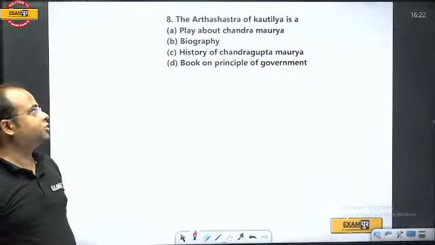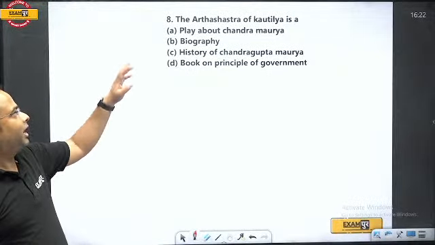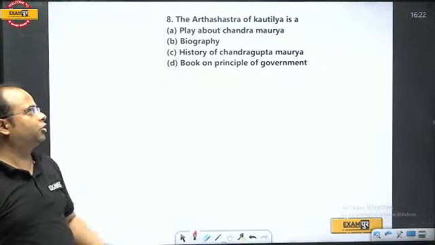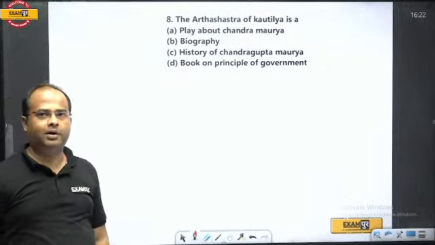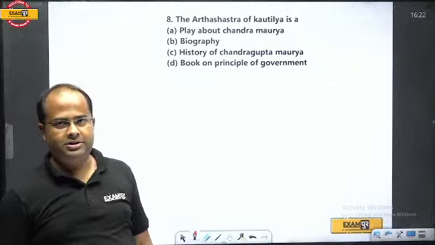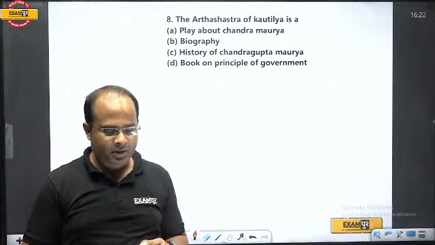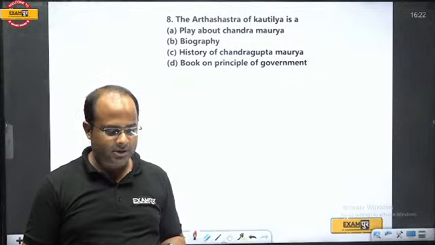Now the Arthashastra of Kautilya is a play about Chandragupta Maurya, a biography, a history of Chandragupta Maurya, or a book on the principle of government. What is the main subject matter of Arthashastra?